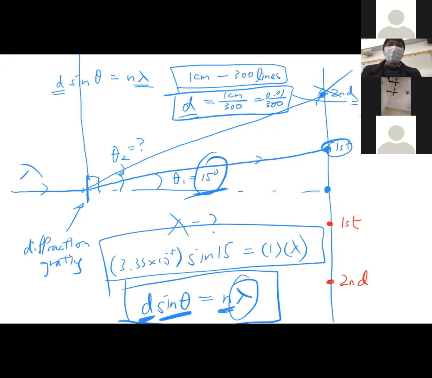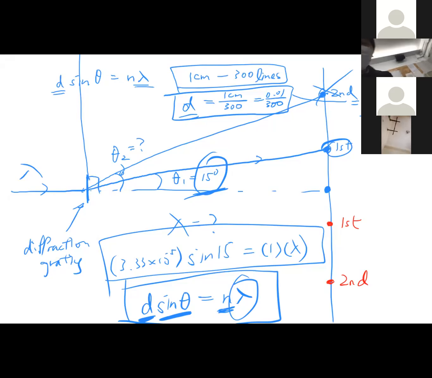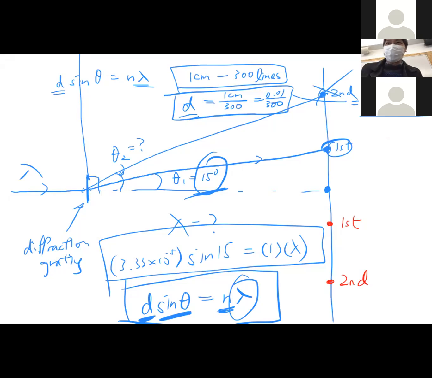Sir, did Newton create this also? Yes. Newton is one of those who is related to the optics. He's just a genius, you know. But you know, he's actually not a good guy.